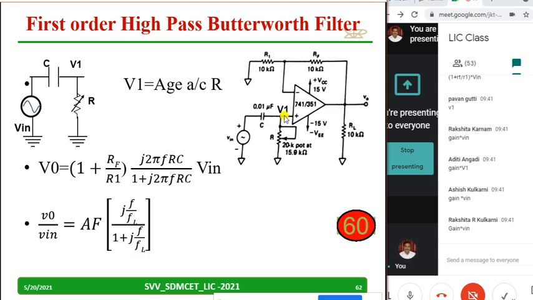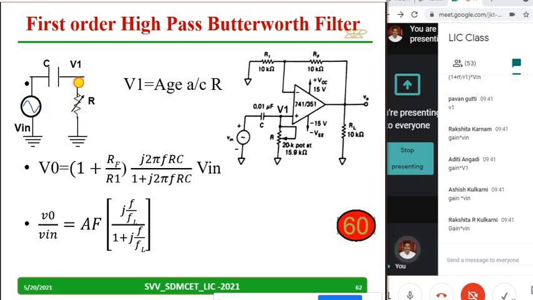So here I have written V1, and V1 voltage is nothing but the voltage across the R, and all of you know gain is given by 1 plus RF by R1 into not directly Vin, but the voltage drop across the resistor. How to calculate? Last class you had done it, whatever you have done in network analysis.